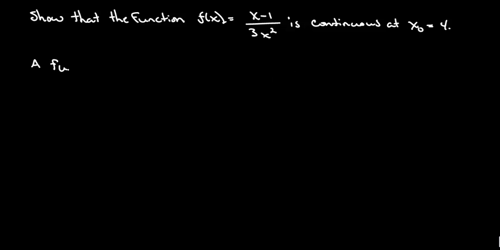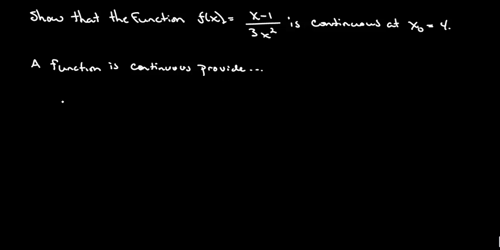A function is continuous provided the following information is true. If you're in any course from here on out at any university and they ask you to prove that a function is continuous, this is exactly how you do it.